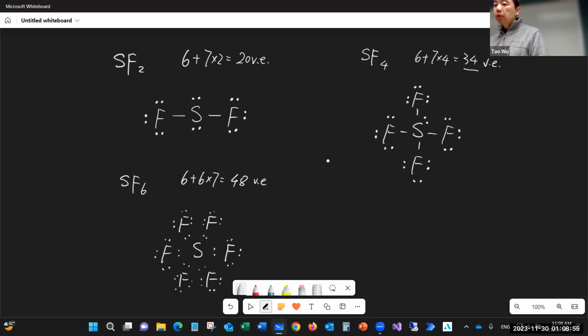Now I put 8 electrons around each side atom, and we already have 48. So there are no more dots to assign, and every side atom is full with an octet except the central atom. The central atom has 6 pairs of shared electrons, and this is what we have to write, otherwise we cannot make a compound. Then you just replace the shared electrons with bonds, and that's the Lewis structure for SF6.